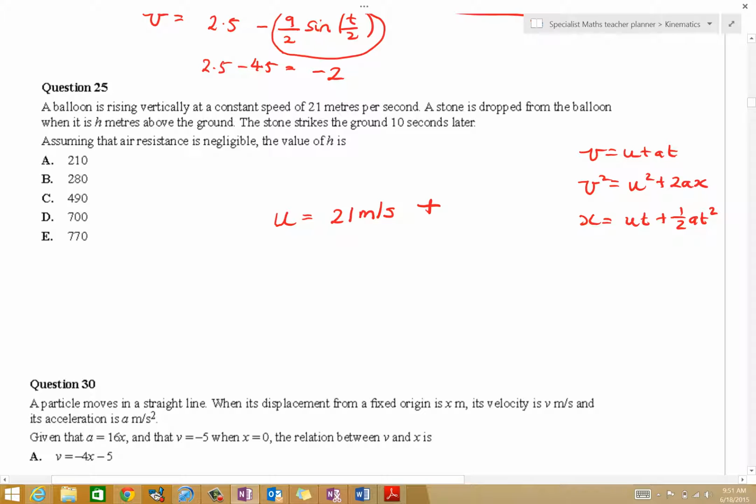It's really important for you to define that, so I'm saying up is positive and down is negative. Now, a balloon is rising vertically at a constant speed of 21 meters per second. A stone is dropped from the balloon when it is h meters above the ground. So, what would be my acceleration when it's left?